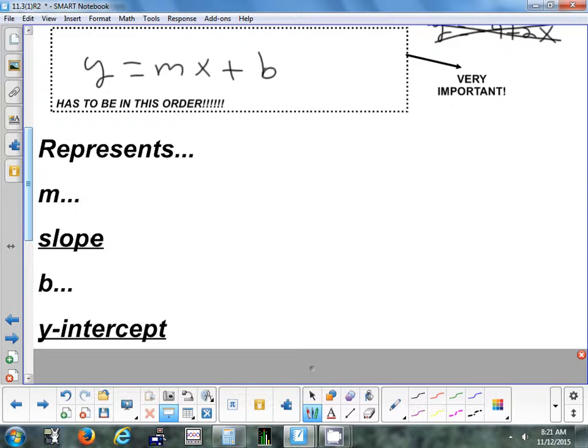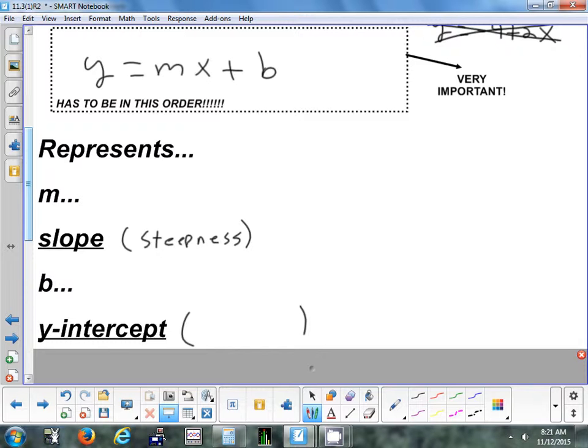If somebody asked you, I don't really know what slope means, very simply, what is the slope? It describes what? Yeah, this is the steepness. So slope just measures the steepness. What's the y-intercept? That's a big word.